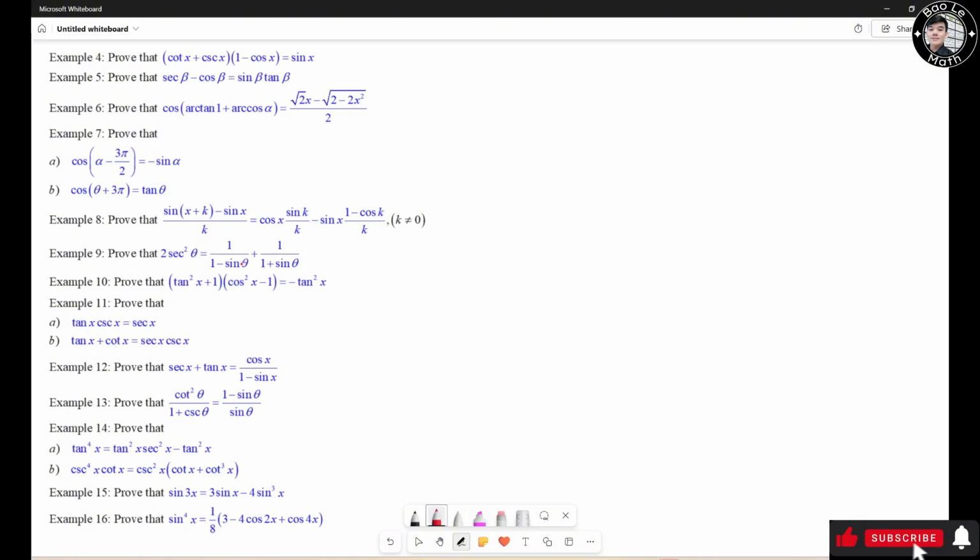Now let's move on to example number 9. Sometimes you have to start from the right hand side, not always from the left hand side, right? So in this situation, we're going to start from the right hand side. So the right hand side is going to be 1 over 1 minus sine theta plus 1 over 1 plus sine theta, right?